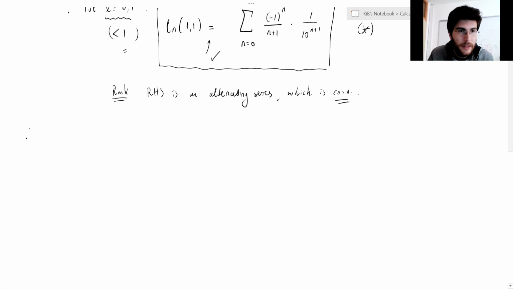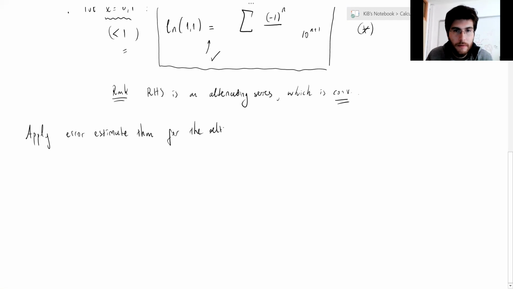So just apply the error estimate theorem for the alternating series on the right-hand side. Okay, I have some technical problems. Why are these disappearing? I don't know. But we have an alternating series on the right-hand side, right?